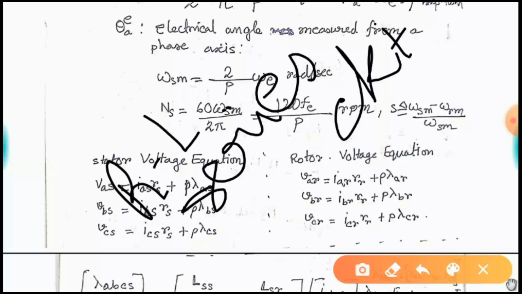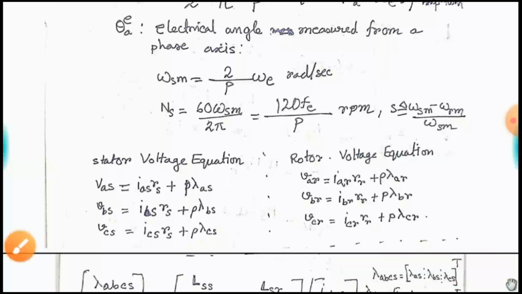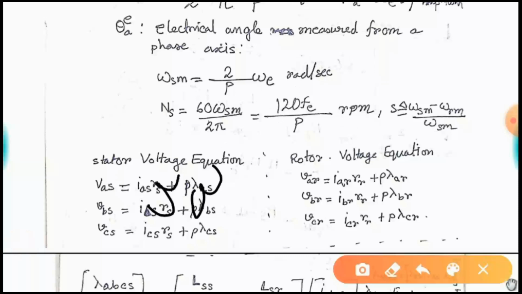That is understandable, because the rotor circuit is also like the stator circuit, comprising R and L. But instead of making VAR equal to 0, we are writing some equation.